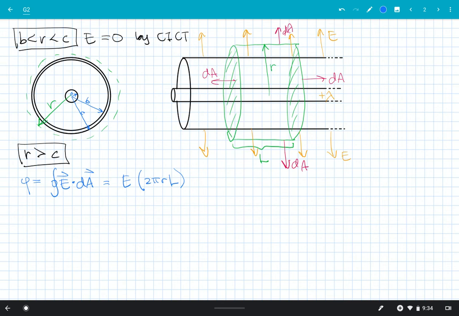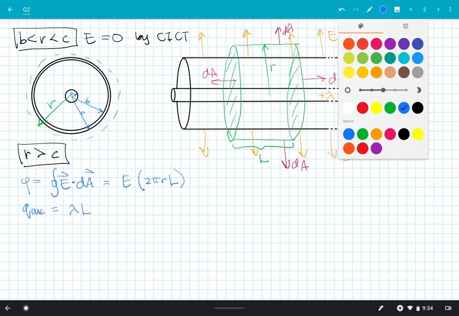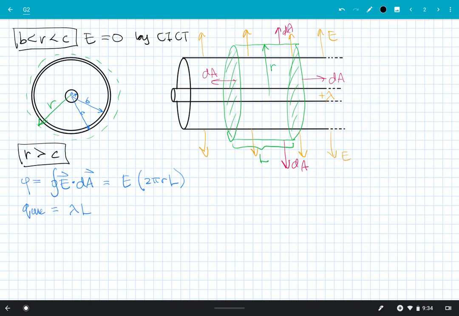Okay, and then my enclosed charge. What am I enclosing? The outer shell, remember, has no net charge. So again, I'm just enclosing lambda L. So you can see that this is going to give us the same result that we got last time.